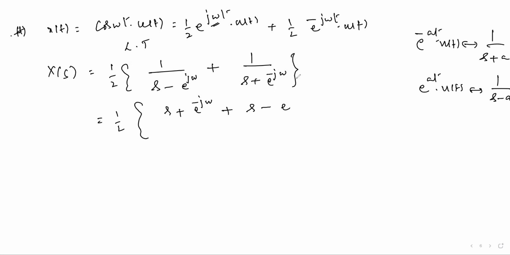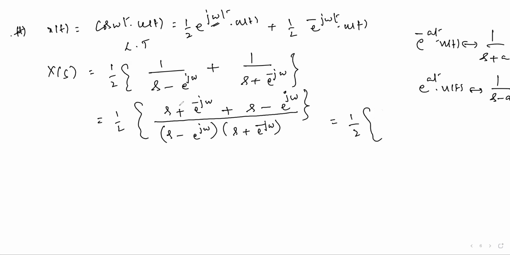So this is j omega divided by s minus j omega, s plus j omega. Any cancellations? No cancellations. So that 1 by 2, these two, I can write it as s plus s, plus these two, j omega minus minus j omega.